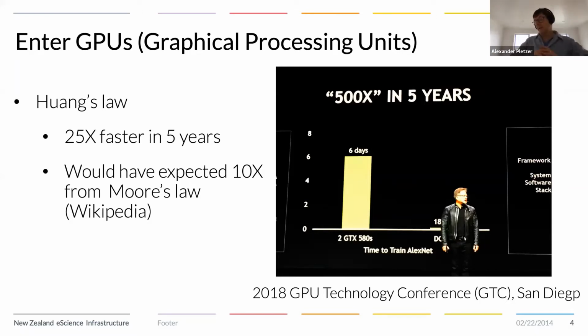There's no theoretical grounding in it, but it's something that has been observed over decades. Well, the graphical processing units are actually improving faster than Moore's law. There's something called Huang's law, which is like 25 times faster in 5 years. And from Moore's law, we would have expected a factor 10.